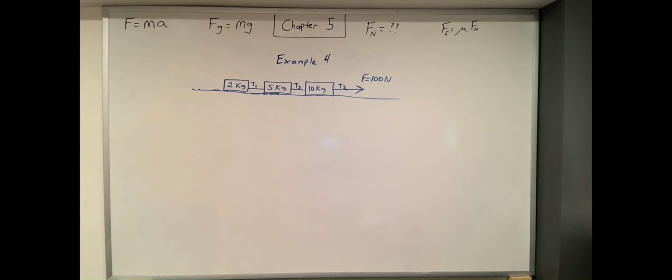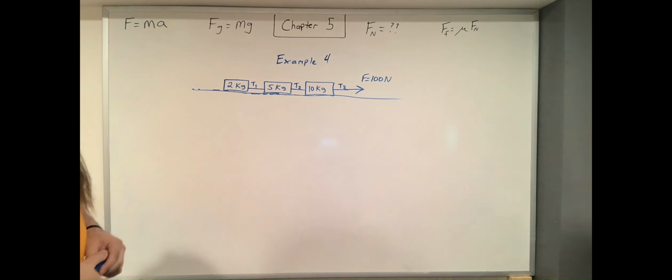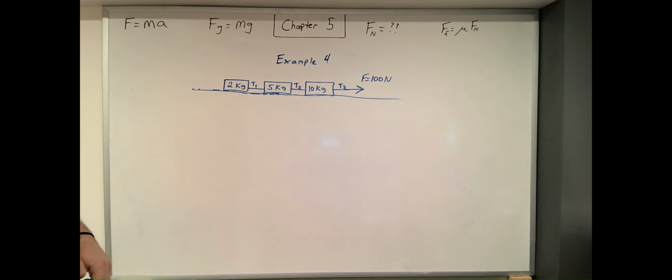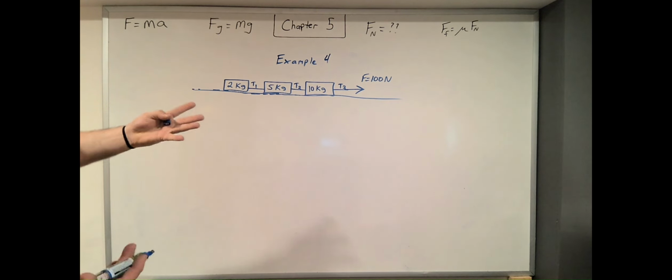But there's 3 masses. Well, when dealing with tension, when dealing like this with multiple masses, it's best just to keep things simple. Okay, if I want to know how much, let's start with T3, being it's the one right behind the force there. If I want to find how much tension is in T3, we just have to remember that tension, we don't have an equation for it, but it's just another form of force.